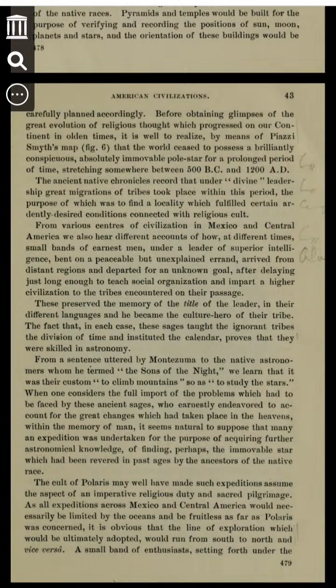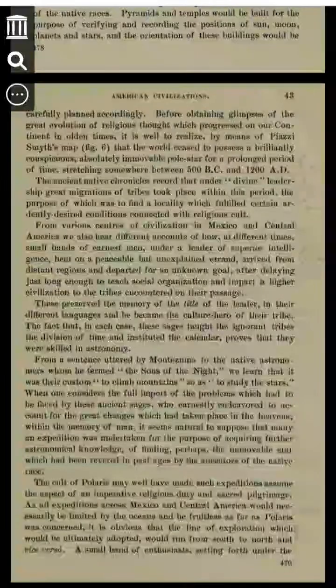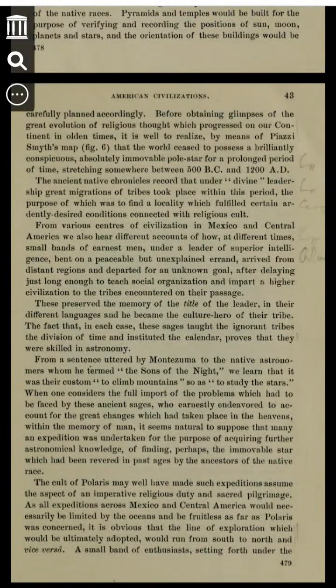From various centers of civilization in Mexico and Central America, we also hear different accounts of how at different times small bands of earnest men under a leader of superior intelligence, bent on a peaceable but unexplained errand, arrived from distant regions and departed for an unknown goal after delaying just long enough to teach social organization and impart a higher civilization to the tribes encountered on their passage.